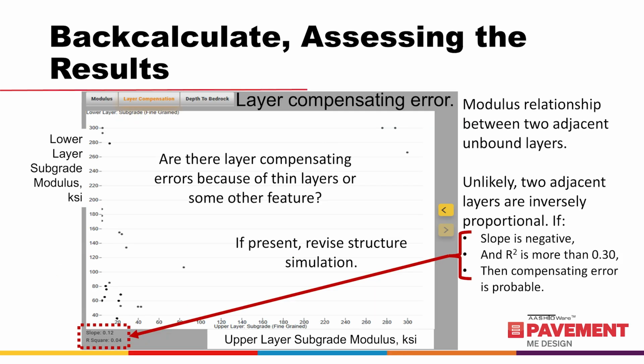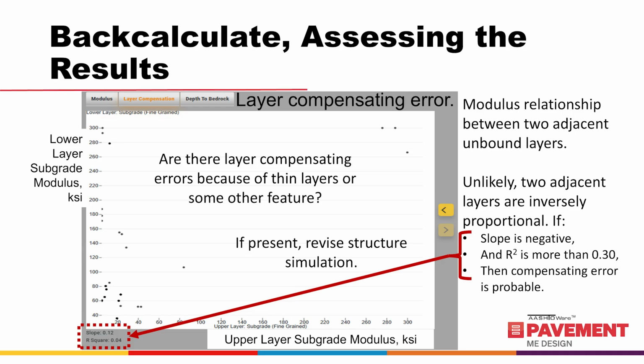Layer compensating errors was defined and discussed in an earlier portion of this session, so we will only hit the highlights as a reminder. Layer compensating errors is the relationship between 2 adjacent unbound layers when the back-calculated elastic layer modulus are inversely proportional. In other words, a negative slope between the modulus of adjacent unbound layers.